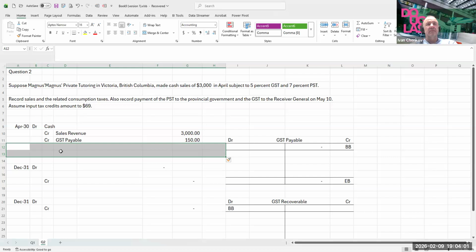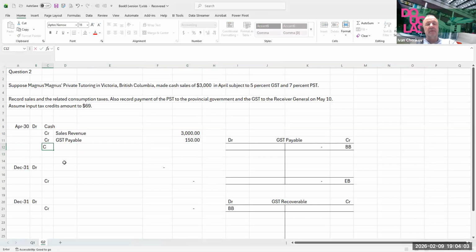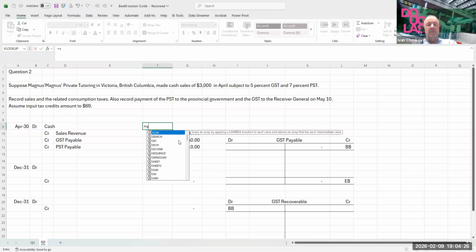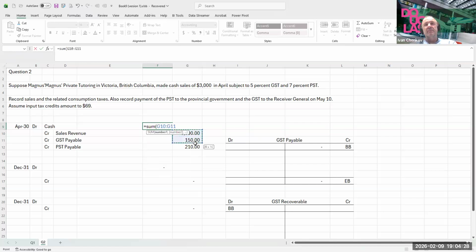The credit will be PST payable, and the PST payable will be 7% of the 3,000, that is 210. So the client has to pay us 3,000 plus 150 plus 210, so 3,360. And we're done with this.